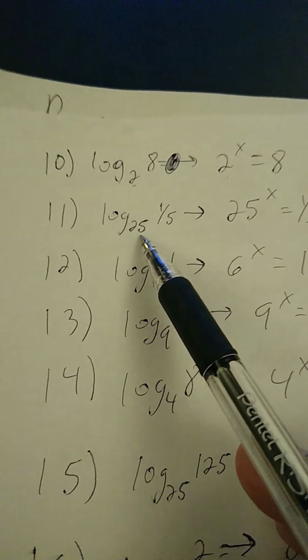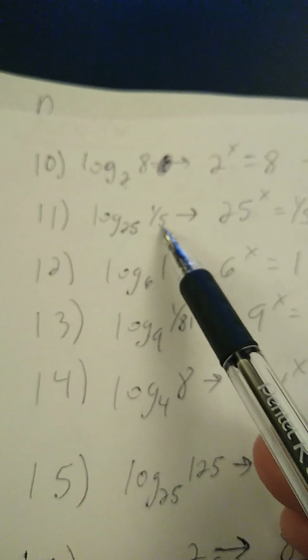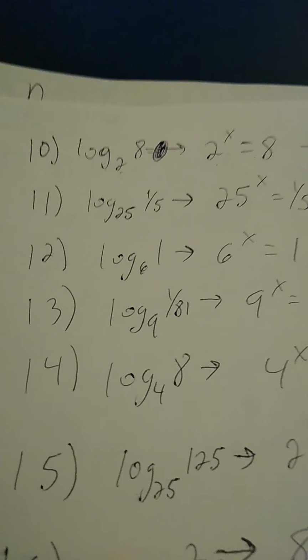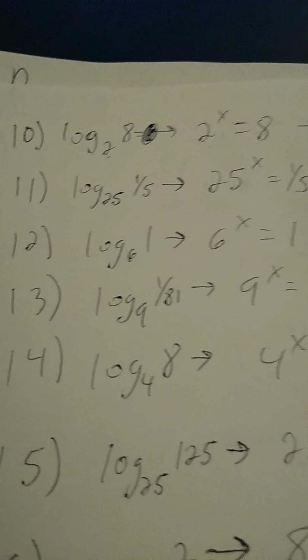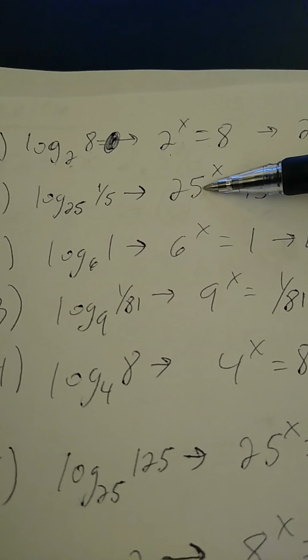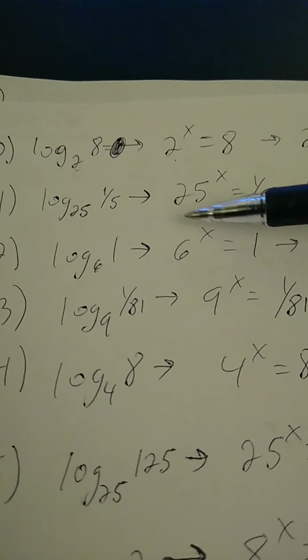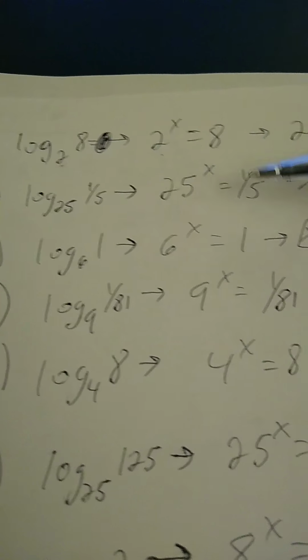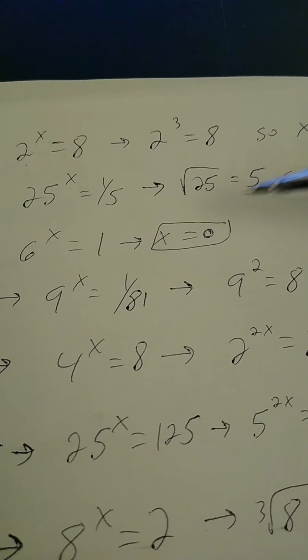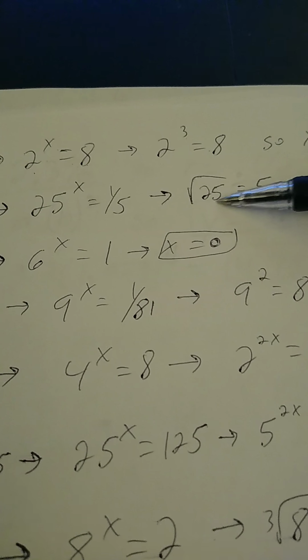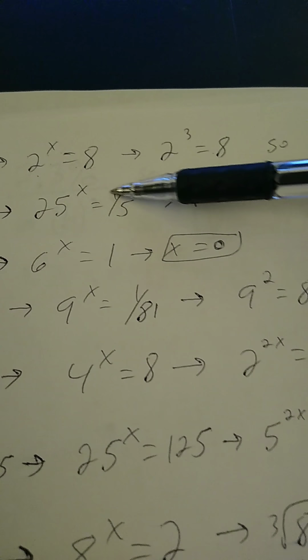The next one says log base 25 of 1/5. So that means we're looking to find what exponent of 25, 25 is the base, to what power would equal 1/5. Well, we know the square root of 25 is 5. Now I'm going to ignore the fact that this is a reciprocal.